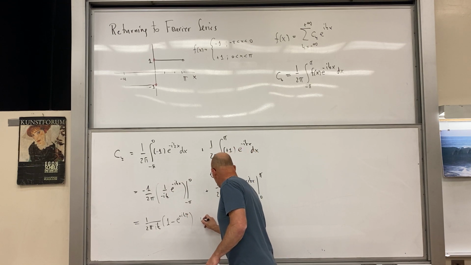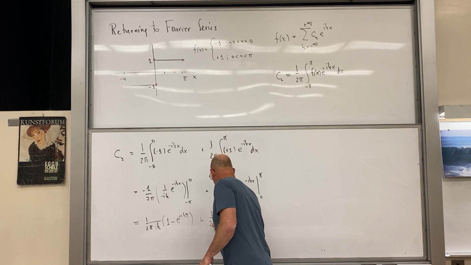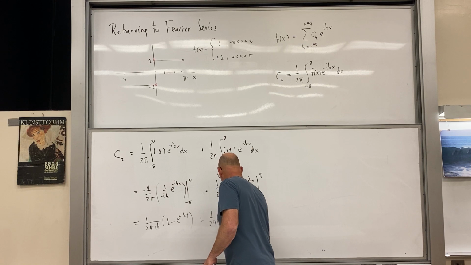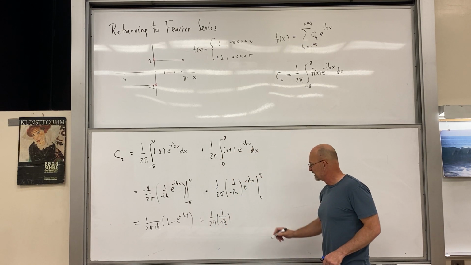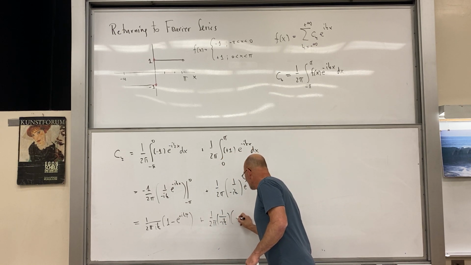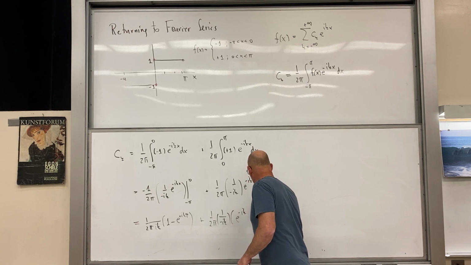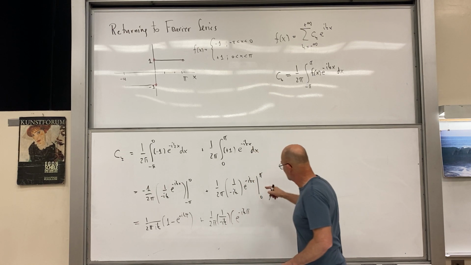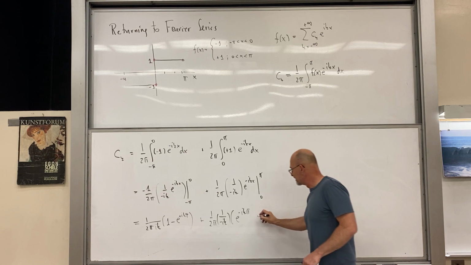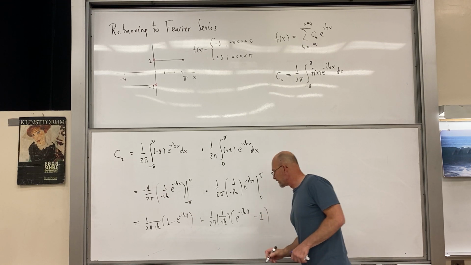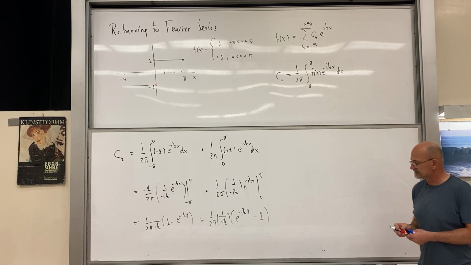And then we have plus 1 over 2 pi, 1 over minus I k, e to the minus I k pi, upper boundary, minus 1 at the lower boundary.